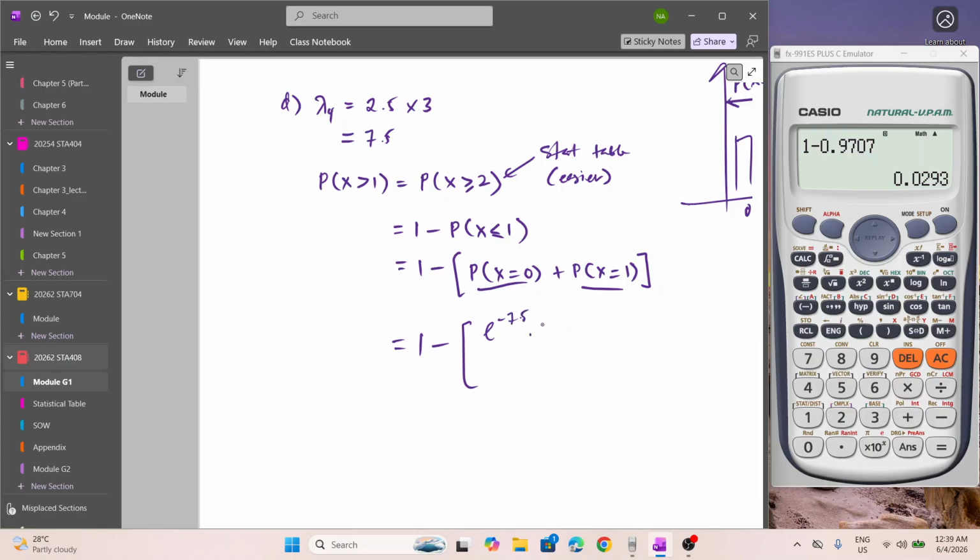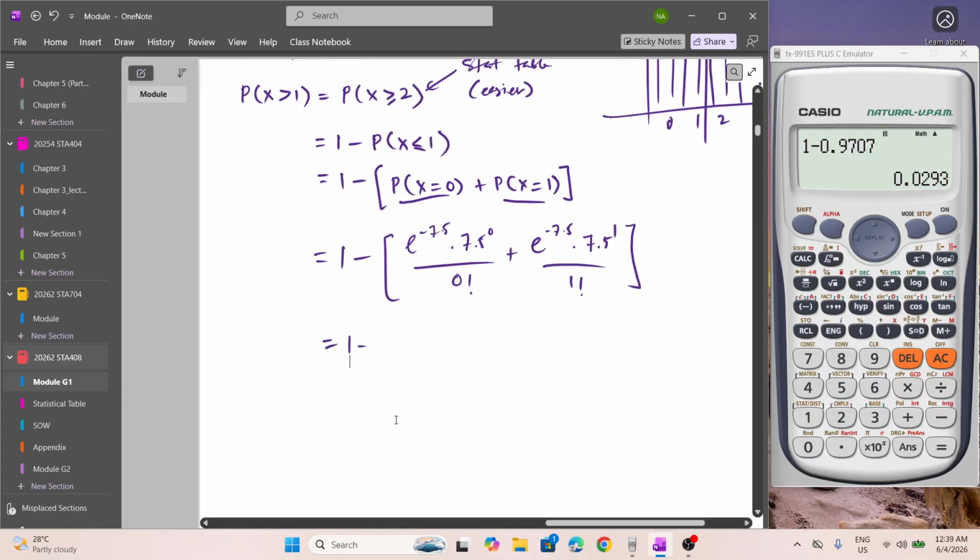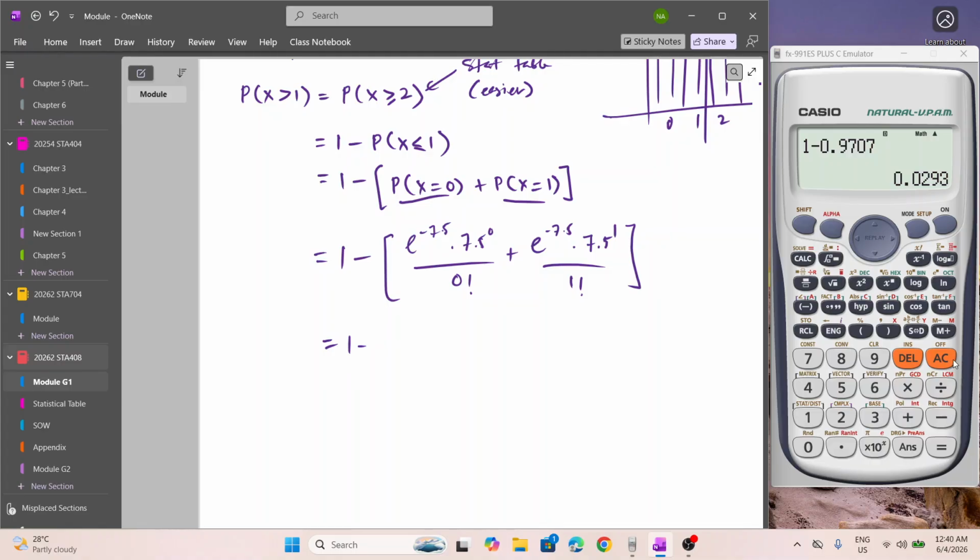the e to the power of negative 7.5 times 7.5 to the power of 0 over 0 factorial plus e to the power of negative 7.5 times 7.5 to the power of 1 over 1 factorial. For this one, the calculation is a bit long, so I would suggest that you do it one by one to avoid mistakes.